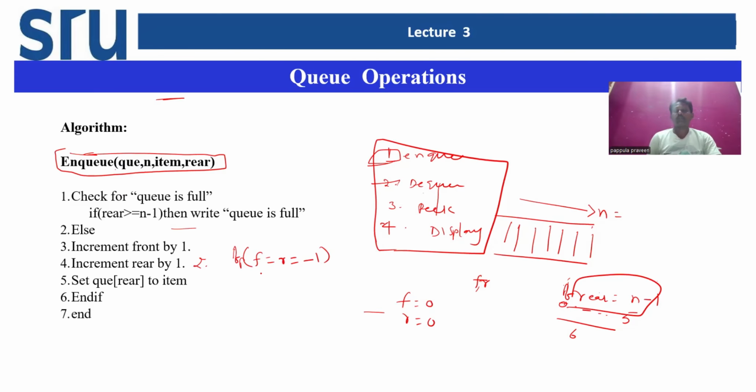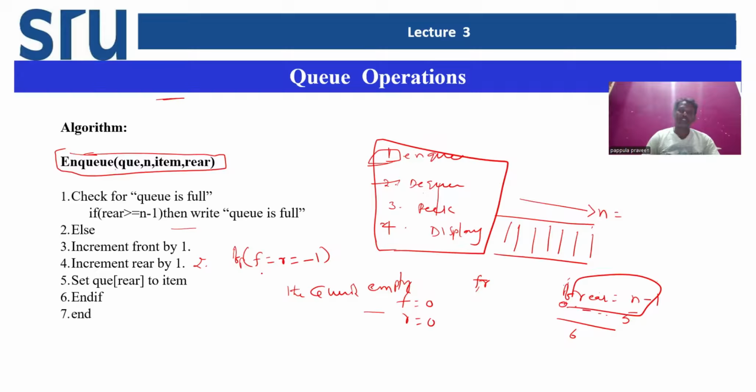Now front is minus 1 as well as rear equal to minus 1, then the queue is empty, because whenever you start the application, initially front equal to minus 1 and rear equal to minus 1. If both are equal to minus 1, then there are no elements in the queue, which means the queue is empty. Okay, is it clear?